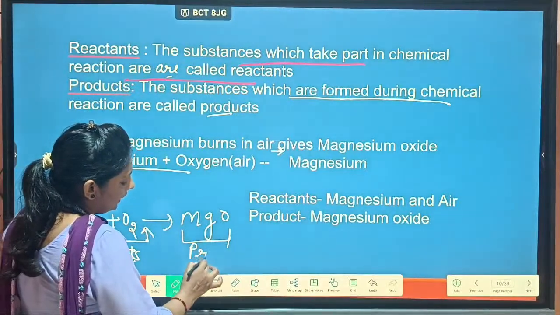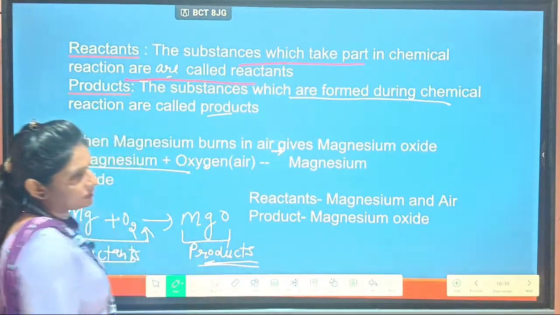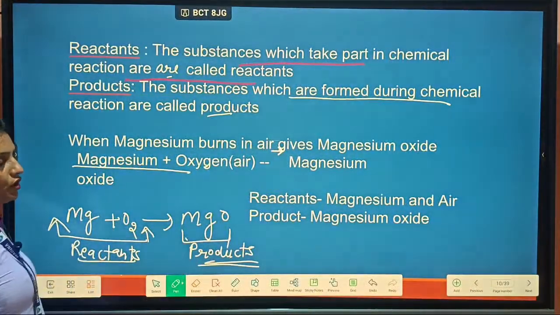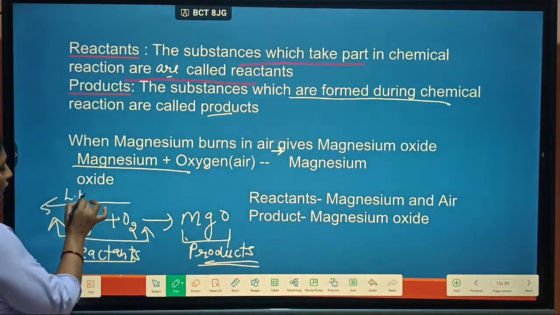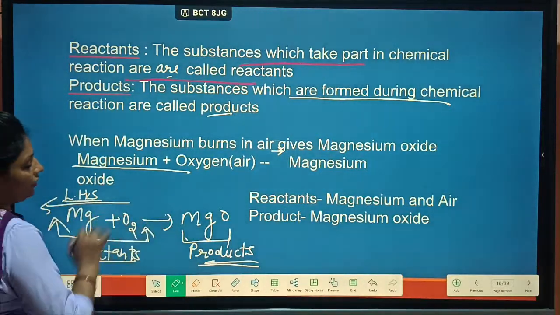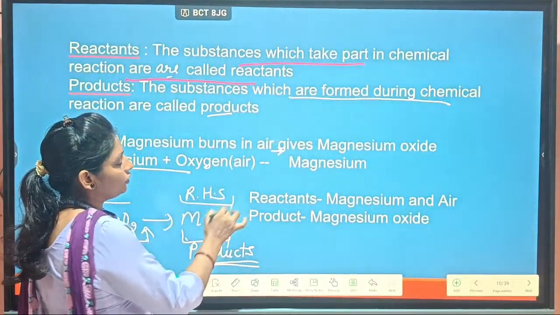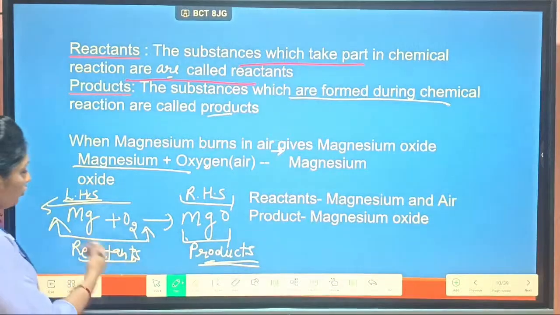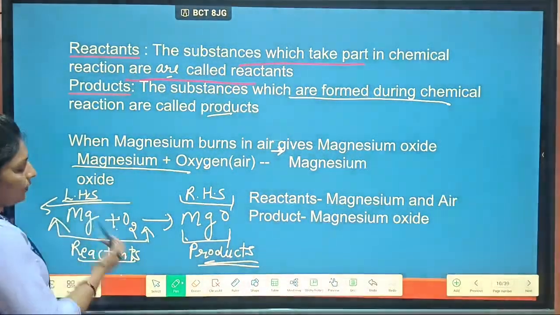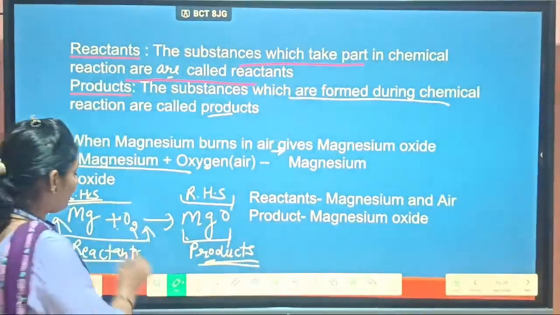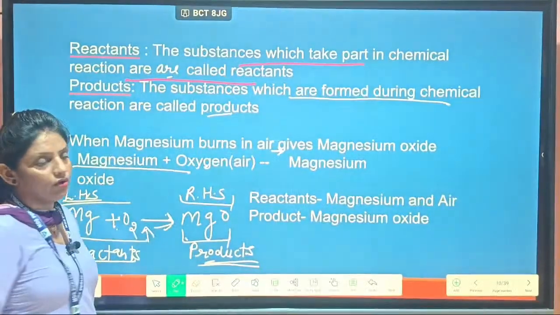That new substance which we get during the chemical reaction is known as the product. So we always write reactants on the left hand side of the arrow, and products on the right hand side of the arrow. And if there are two or more reactants or products, then we separate them by a plus sign. And we separate reactants and products by an arrow.